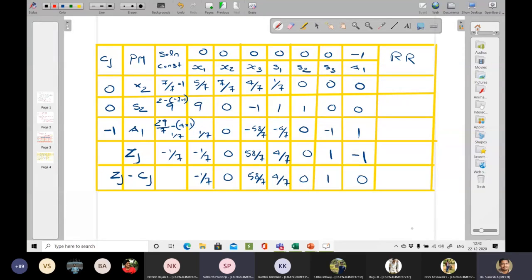Which is the key column? X1. Okay, right. Now find the replacement ratio.